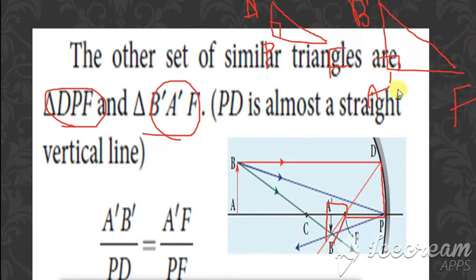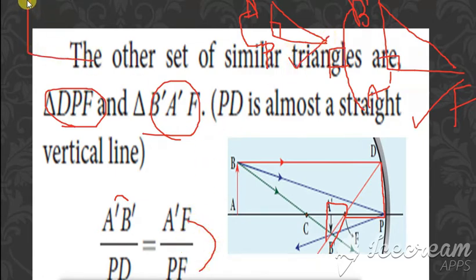In the same way as before, A dash B dash divided by PD is equal to A dash F divided by PF.